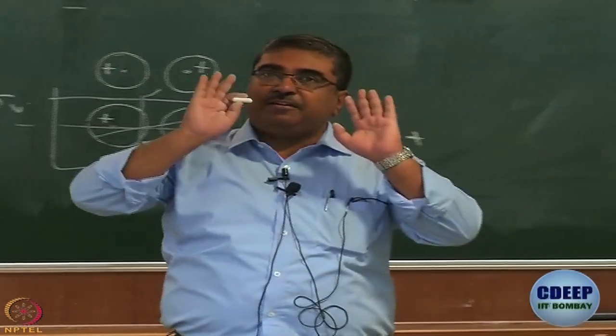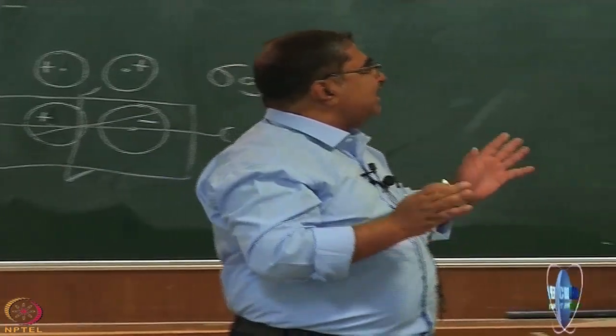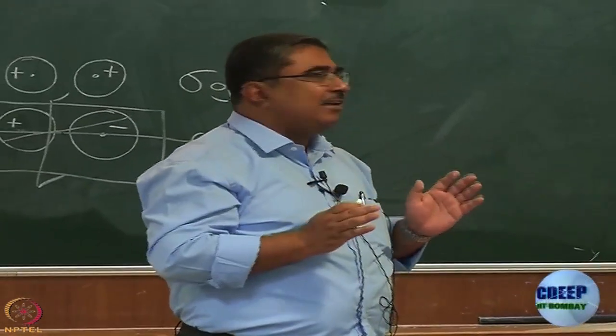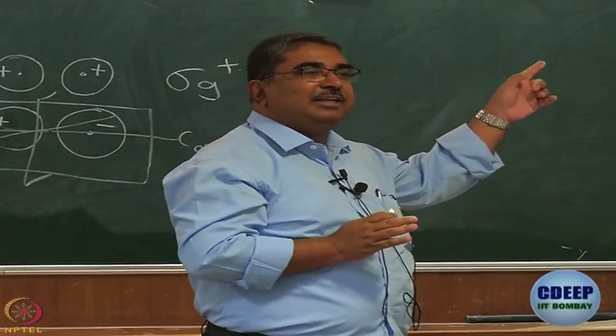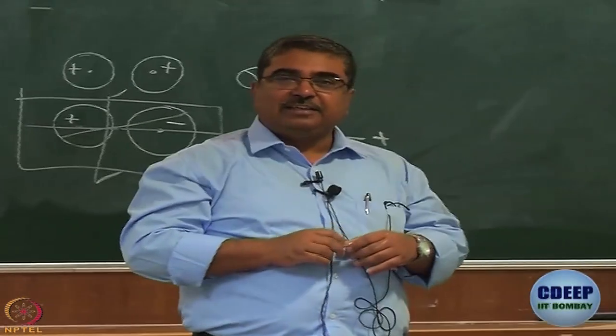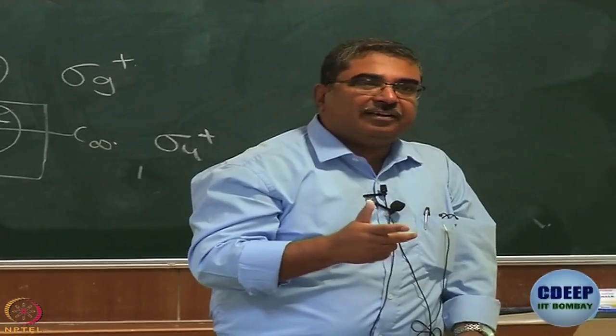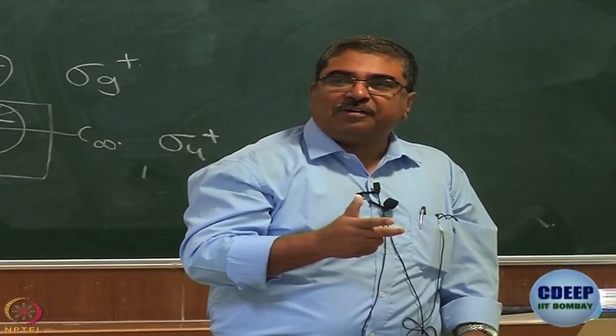So, well, if you think of the s orbital, any s orbital of the central metal ion in an octahedral complex, it will be A1G, right. Think of the p orbitals. P orbitals are along x, y, z axis, right. Where will they belong?